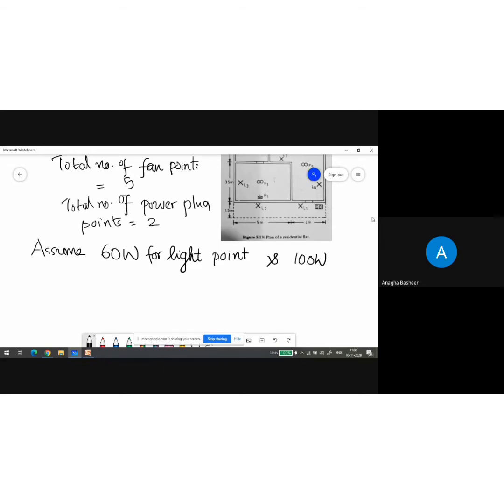If you're selecting 60 watts, you can continue with 60 watts. If you are considering 100 watts, you can do with that. In some textbooks, it is given 100 watts for the calculation, and in some other textbooks, it is given 60 watts. So no problem. If you are assuming the wattage correspondingly, you can complete the problem. Here I am assuming 100 watts for fan load.